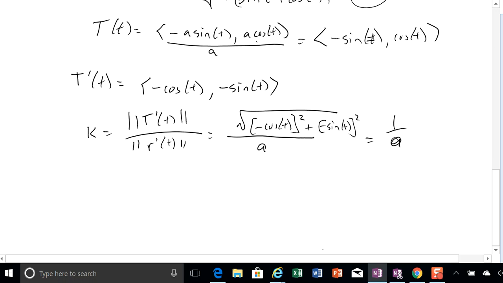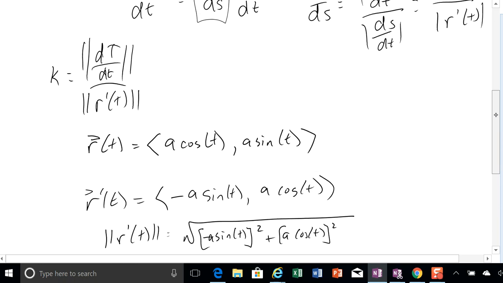It's a constant, it does not depend upon t, and that shouldn't be too surprising if we're talking about a circle. A circle would have a constant curvature. And it's also 1 over the radius of that circle. So that would be the curvature.